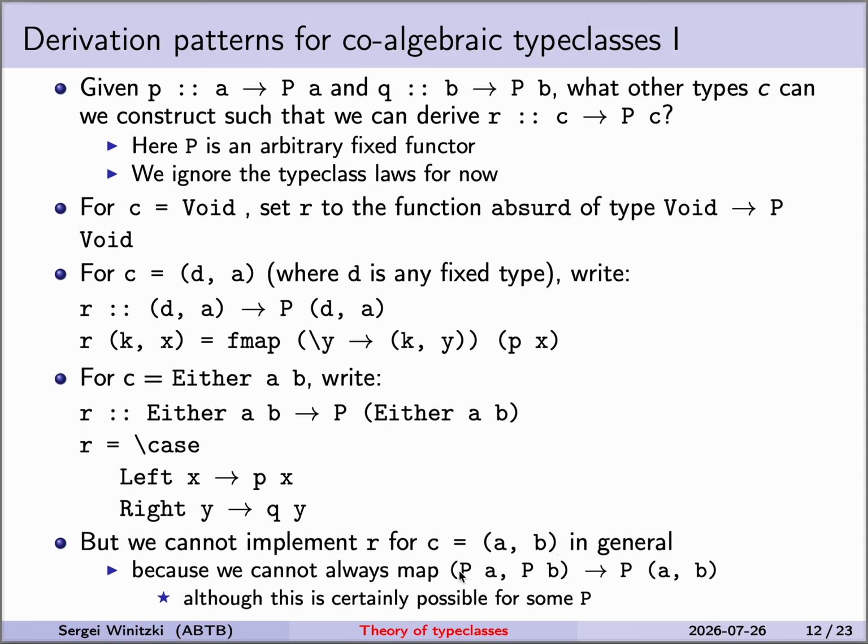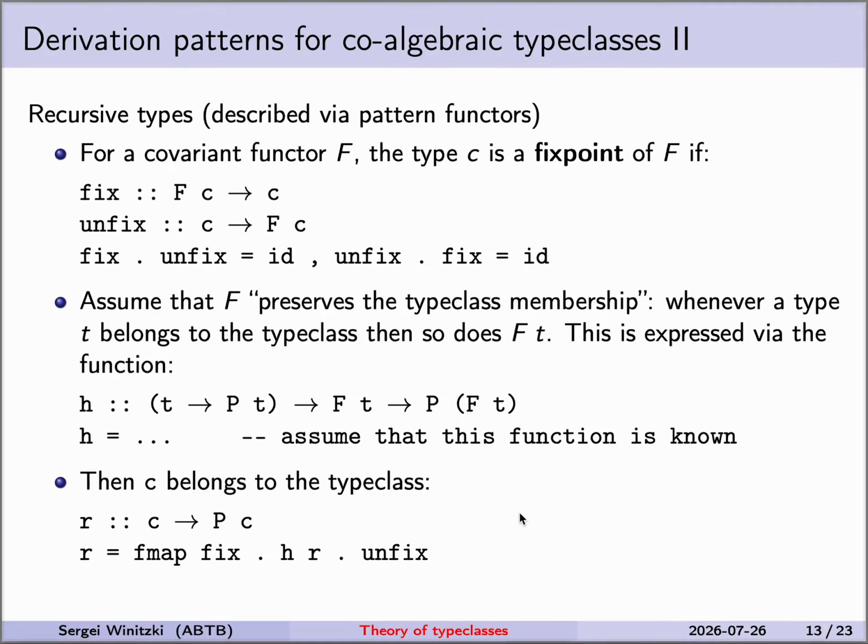For some P, it will be possible to have a good and symmetric, useful derivation for the pair of two instances that in a useful way combines the operations on both instances, but in general not.